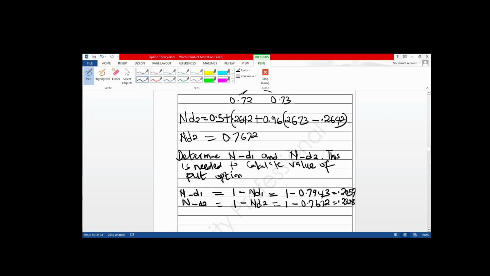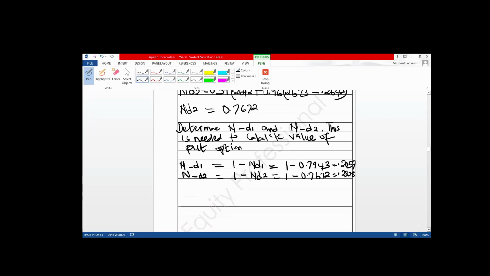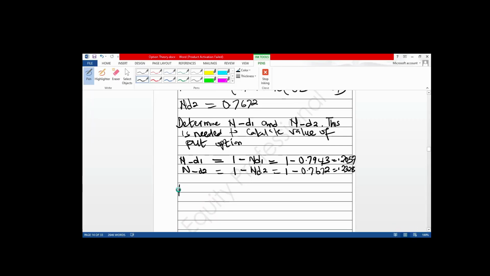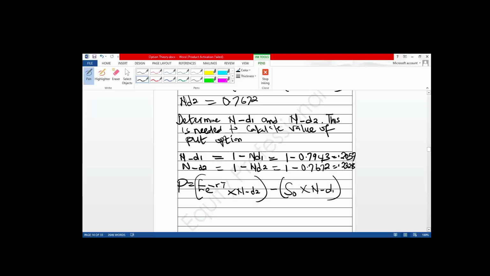You can now calculate the value of put. The formula says put is equal to capital E, small e raised to power minus r multiplied by t, multiplied by n minus d2, minus X0 multiplied by n minus d1. Pick your variables.